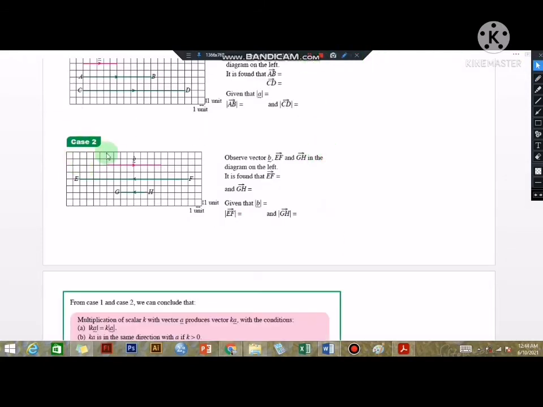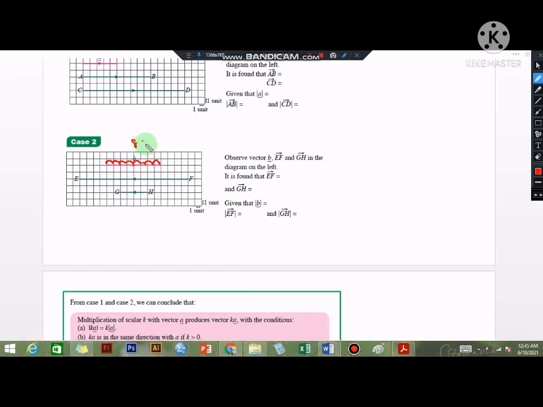Okay, class, let's look at case number 2. Observe vector B, vector EF and GH in the diagram on the left. Let's look at vector EF. Vector B is already given to you. Look at how many boxes: 1, 2, 3, 4, 5, 6, 7, 8.